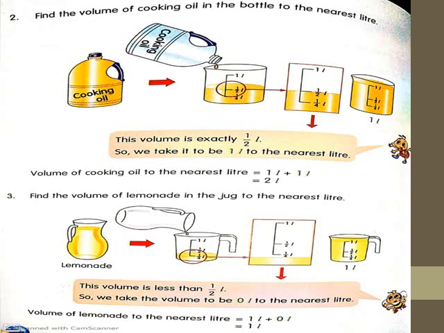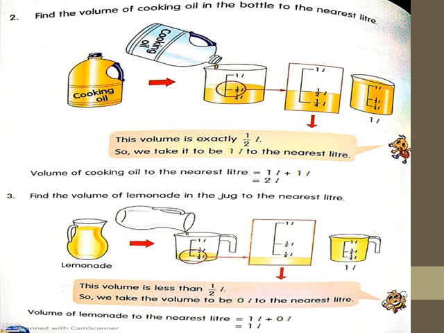But because I am approximating to the nearest liter, my benchmark is half liter. I will check whether this container has lemonade exactly half liter or greater or not. My answer is no, it is less than quarter liter even.